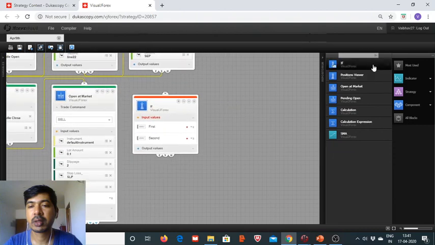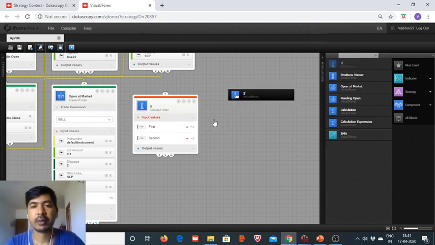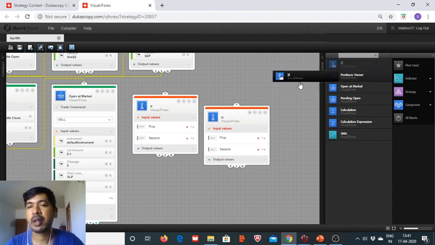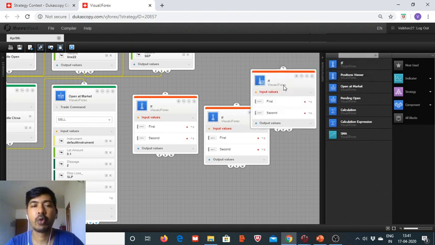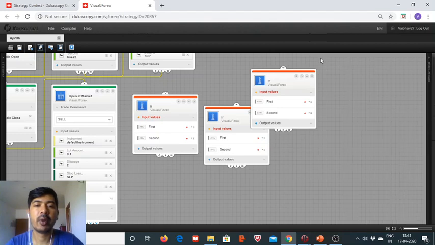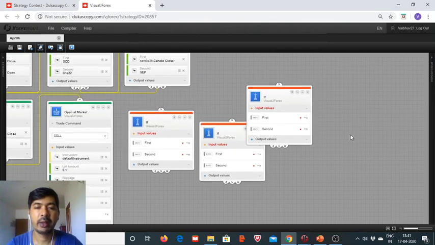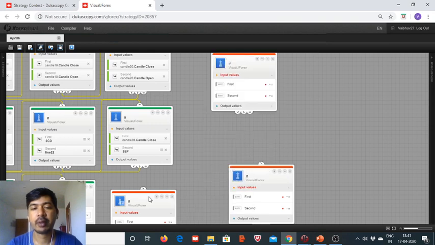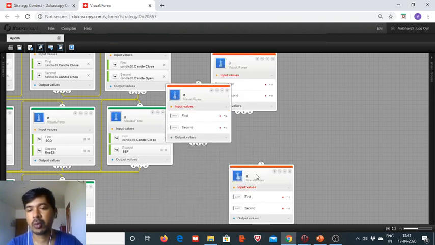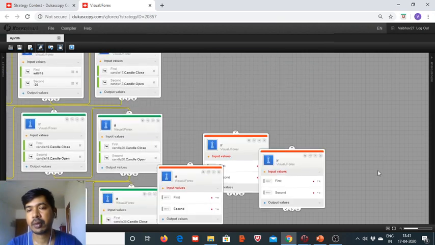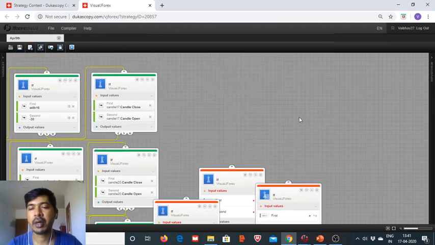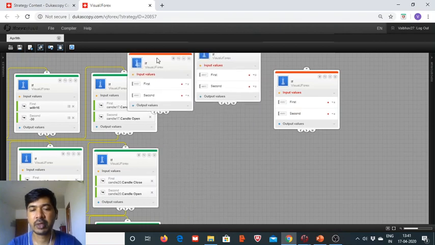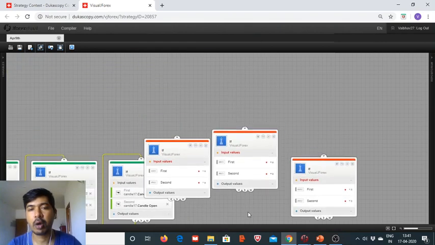So we will take three if blocks for the buy side and three if blocks for the sell side, and we will need to bring in two more open at market blocks as we have already one, and then we will need to compare those conditions and then go for a fresh trade. So first of all, we will add these blocks on the sell side.